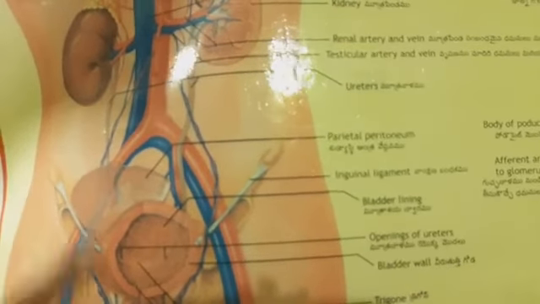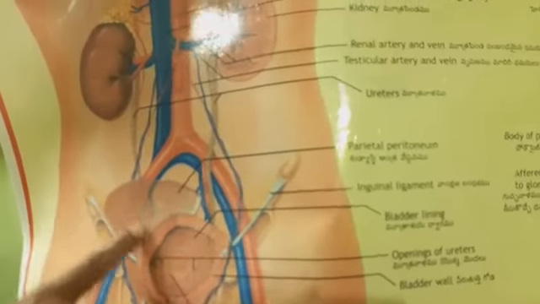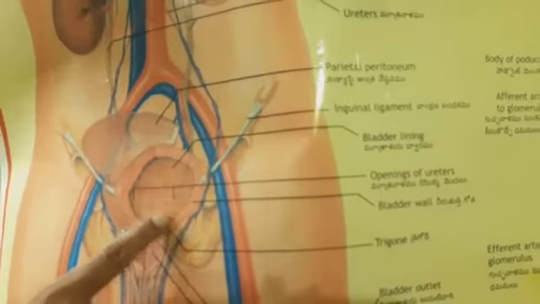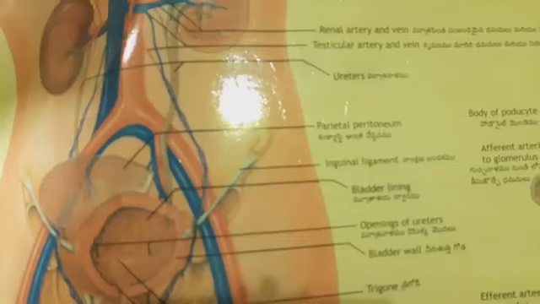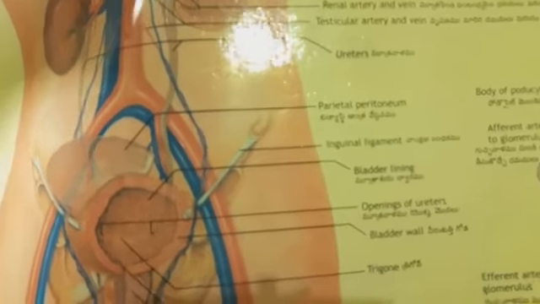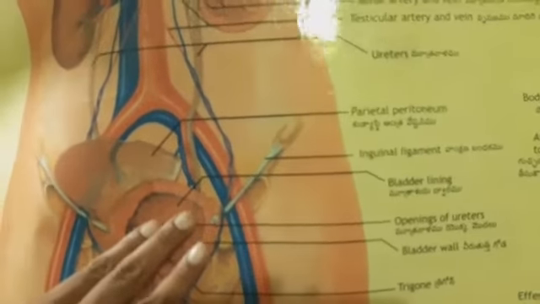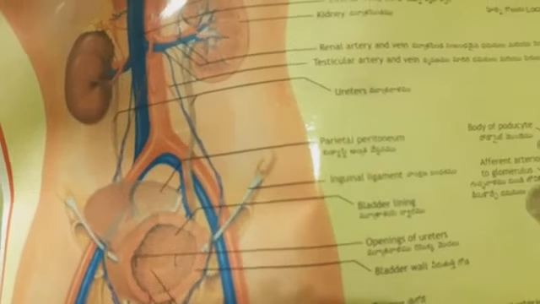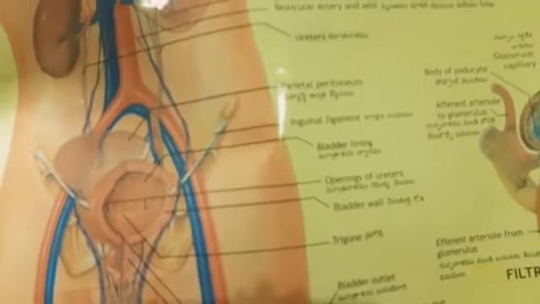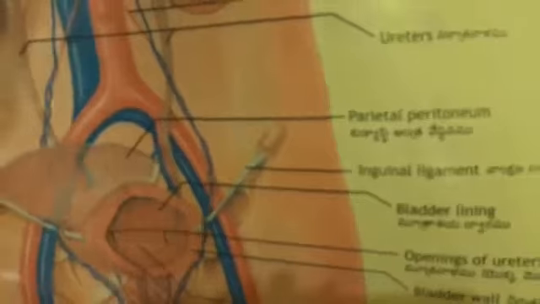Now what happens as the urine enters the bladder? When around 300 to 400 ml fills the urinary bladder, there is an urge, and we feel that we should go for urination. How does that happen?